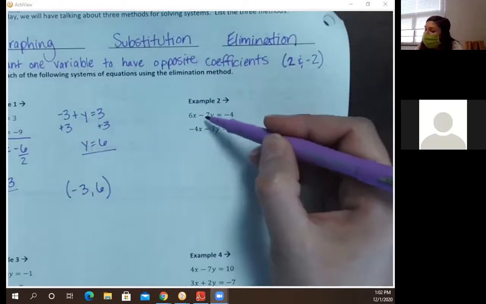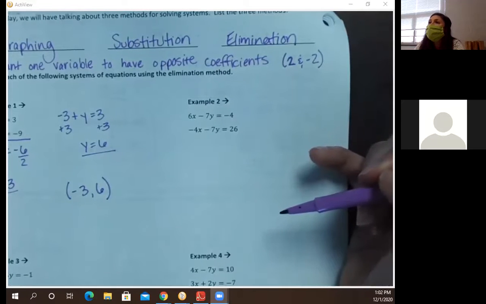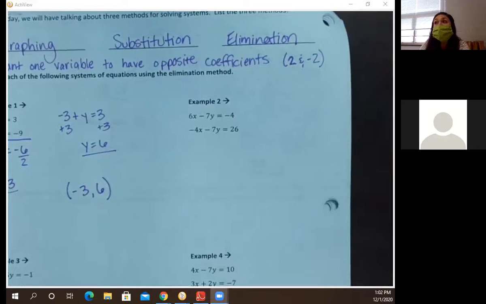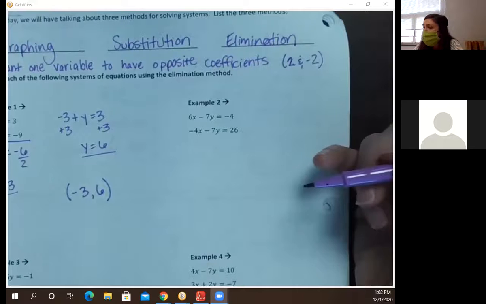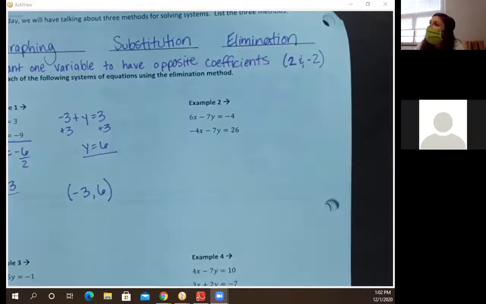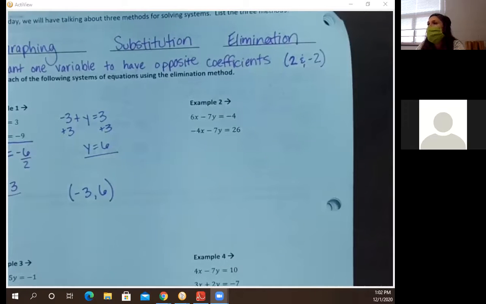So if I don't have coefficients that are opposite for either of my variables, what I can do is multiply one or both equations by something to get a variable to have opposite coefficients. So what I would want would be a -7y and a +7y. To get from -7 to +7, I could multiply by -1. So that means I want to multiply one of my equations by -1.